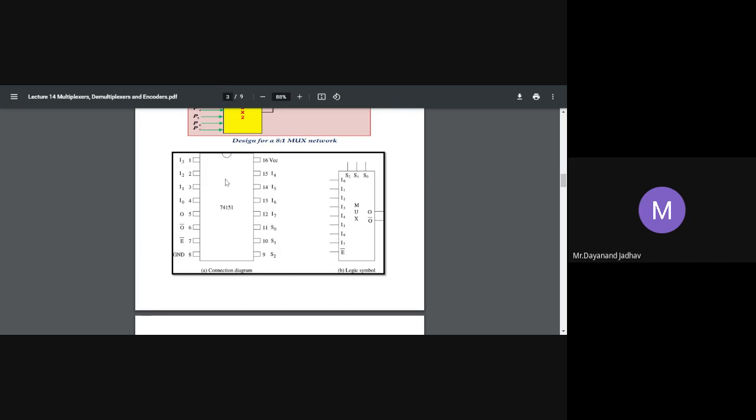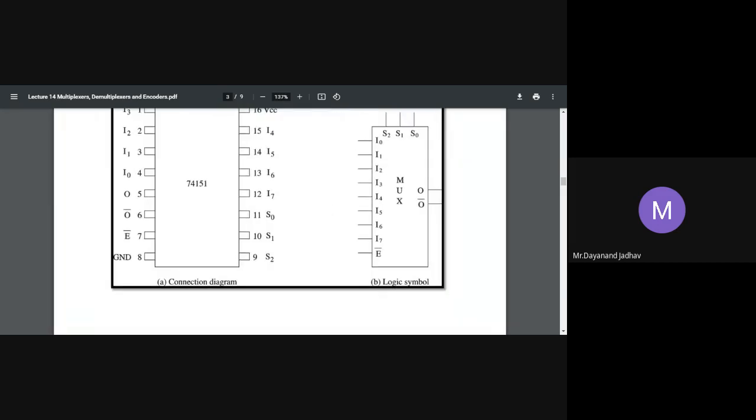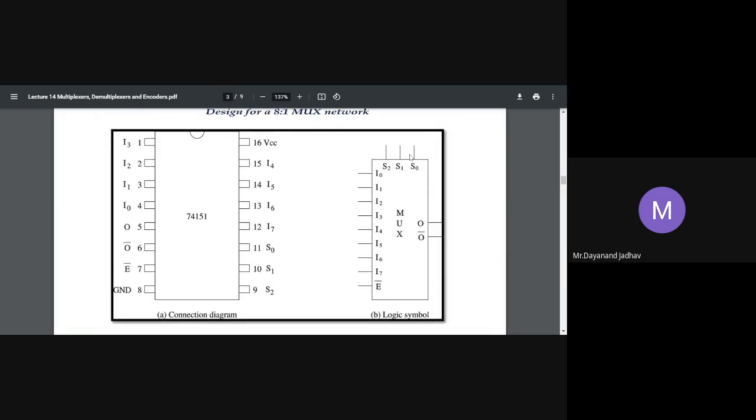This is the specification for the IC. This is a 16 pin IC, which is used for the implementation of the 8 is to 1 mux. S0, S1, S2 are the select lines, and I0 to I7 are the inputs.